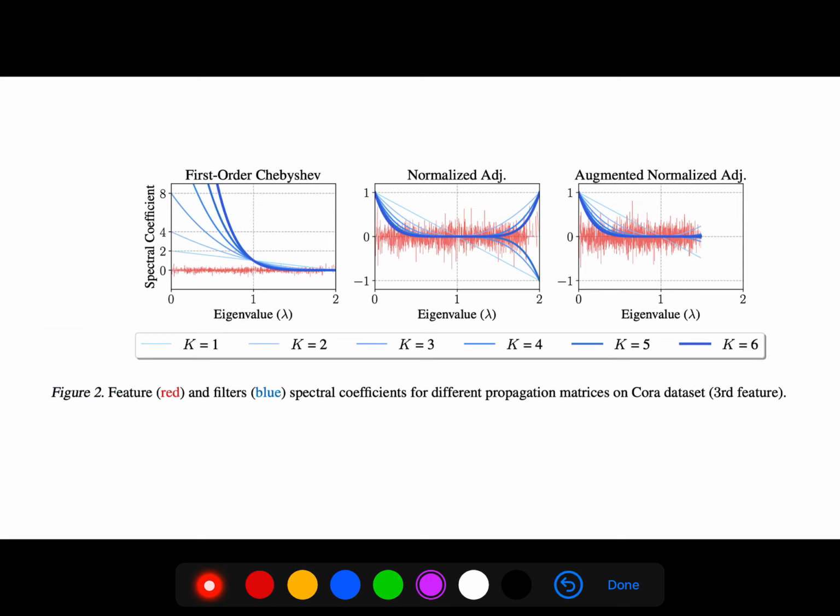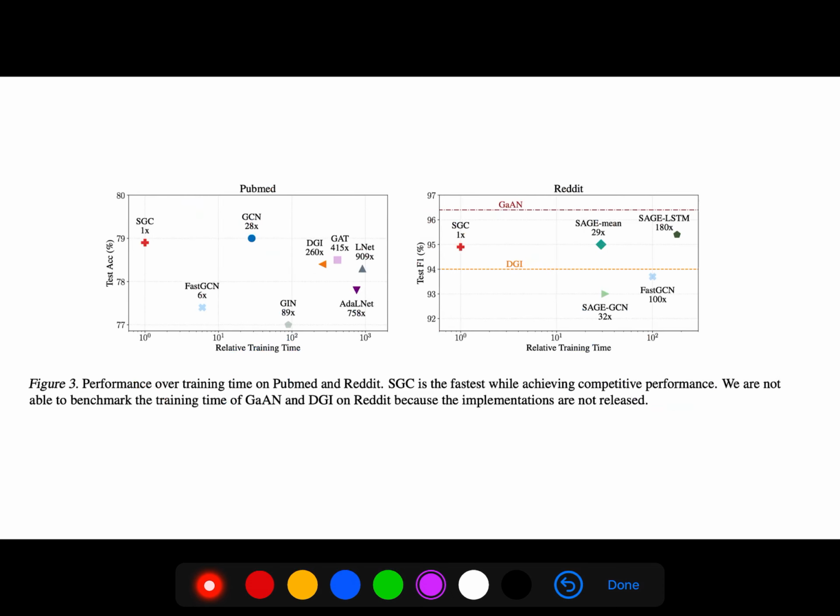So the feature which is under red and the filters which are in the blue, spectral coefficients for different propagation matrices on the Cora dataset. Also PubMed dataset, Reddit dataset.